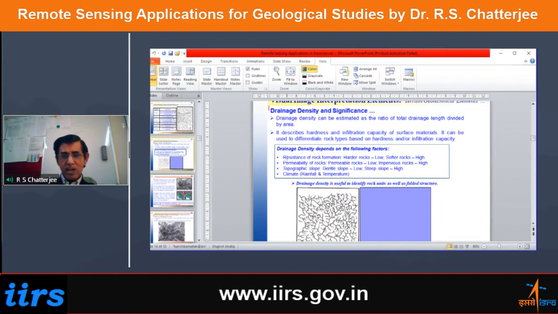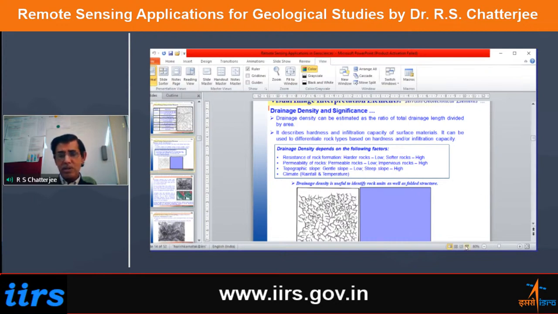So these are the criteria: the hardness or resistance of the rock formation, permeability of the rocks, then the topographic slope, and then the climate. Climate means essentially rainfall and to some extent temperature. Based on these criteria, we can say what kind of rocks are there. Essentially the hardness and the permeability are most important.